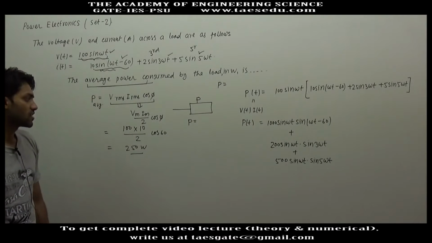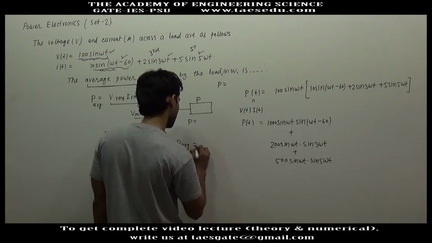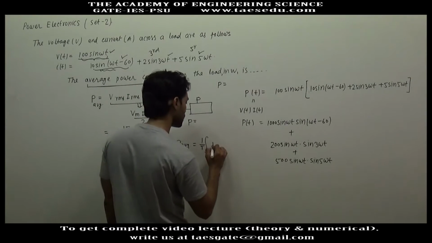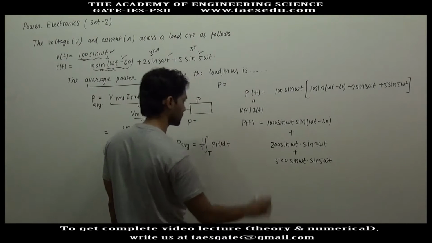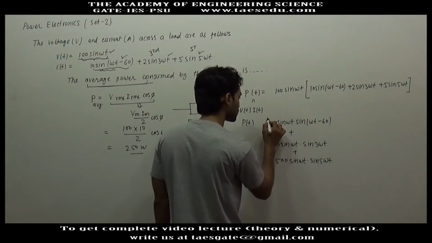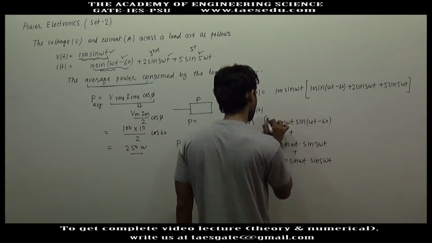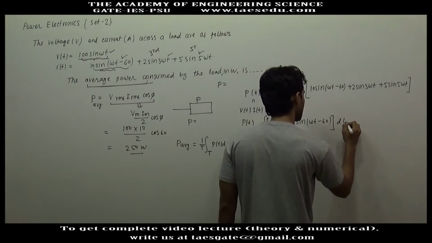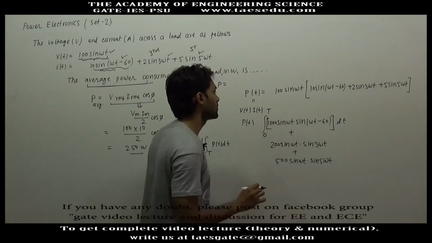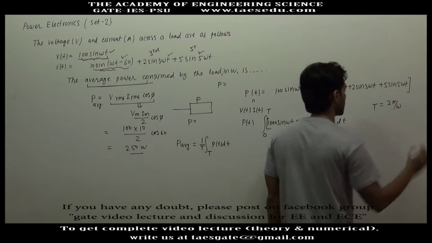Now to take average power, the average power will be 1 by T integration over T of Pt dt. So we need to integrate this dt from 0 to T, where T will be 2 pi by omega.